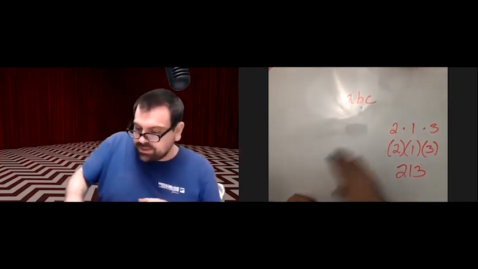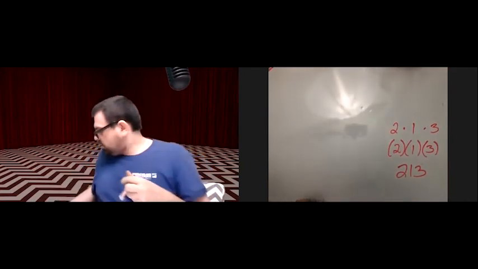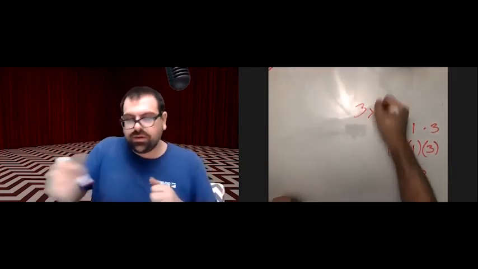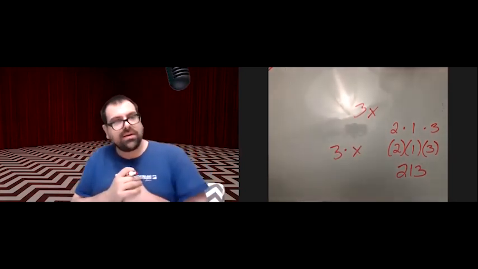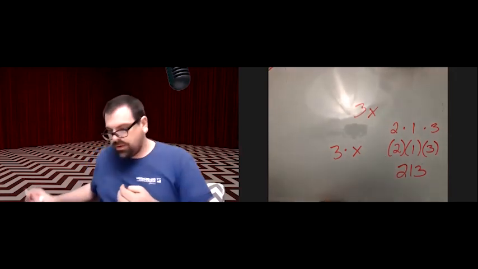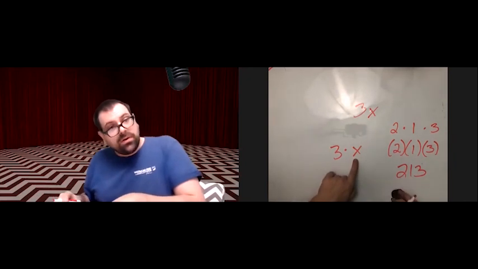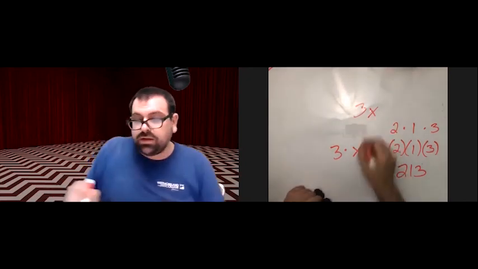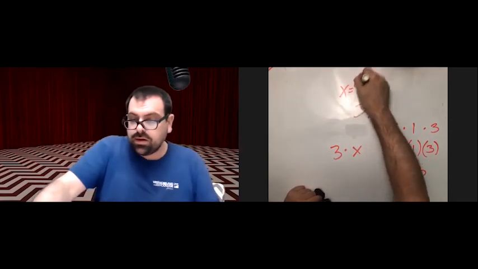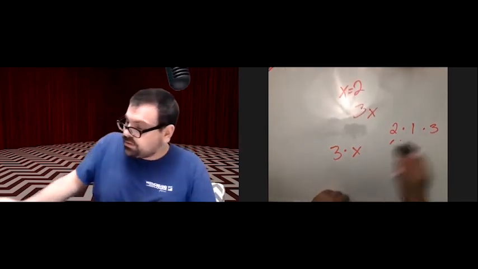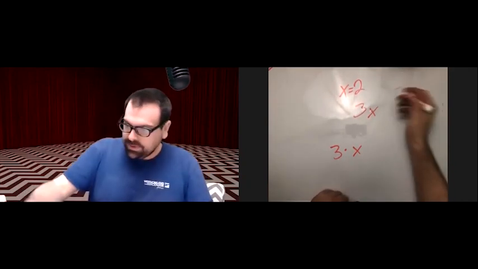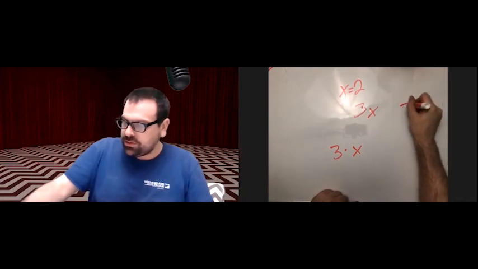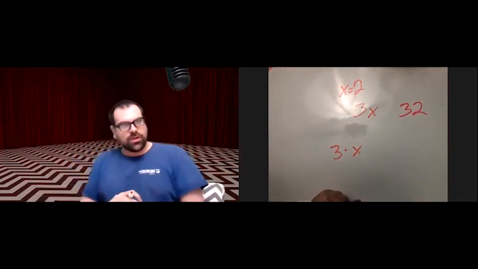It's the same reason why you see 3x everywhere and you don't see 3.x. There's no issue just jamming the 3 and the x together. If x were another number, if we wanted to plug, say, 2 in for x, we couldn't just replace the x with a 2.